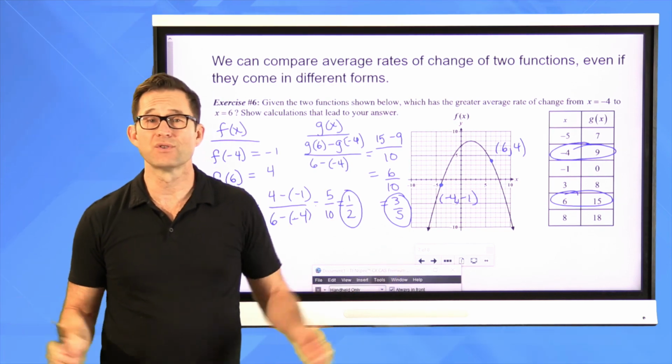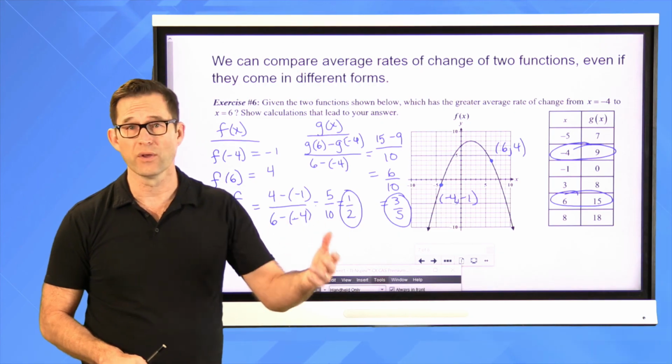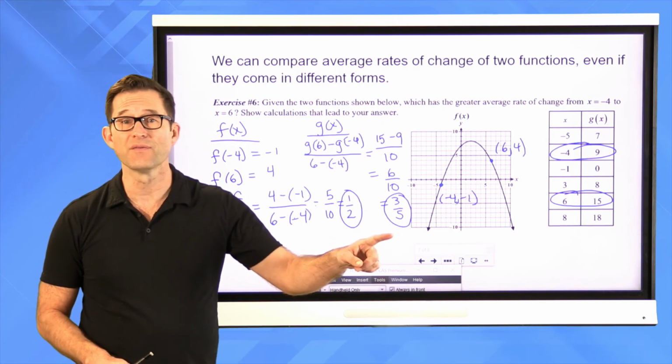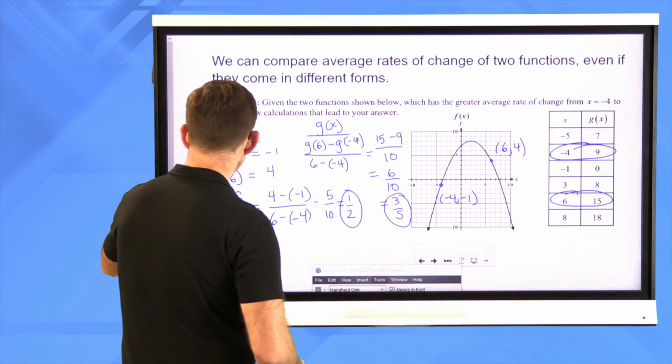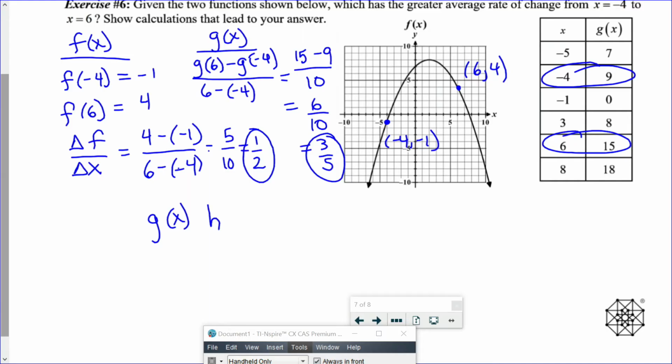So now the question is just which one's got the greater average rate of change, and I hope that when you look at these two, you realize that 3/5 is larger than 1/2. Okay? So g of x has the greater average rate of change.